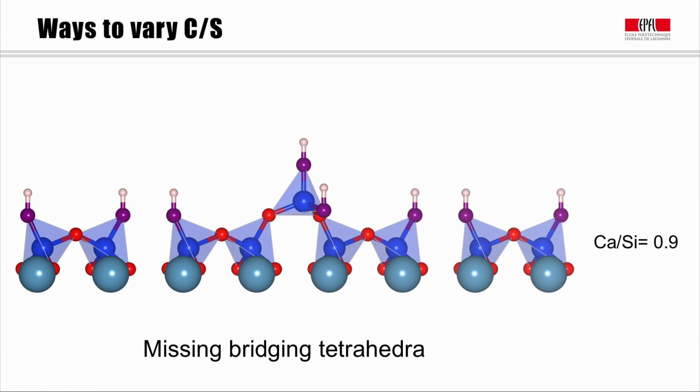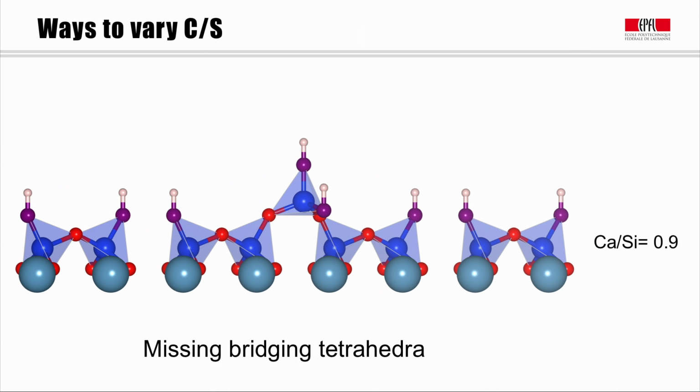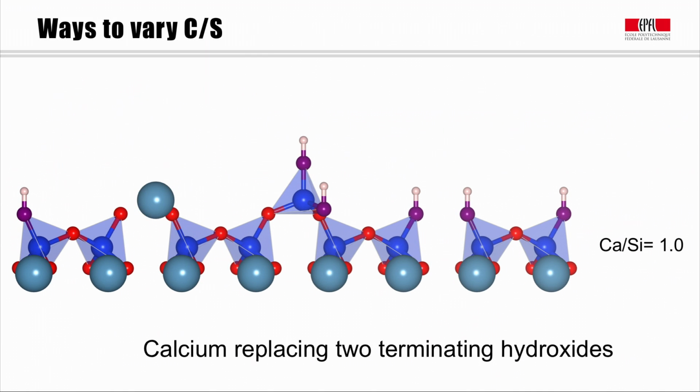And the second mechanism we can have is that instead of these hydroxide ions terminating here, we can replace these 2 hydrogens here with a calcium atom. So calcium is a doubly charged ion, hydroxide is a singly charged, so we can go from 2 hydroxide ions to 1 calcium ion. And this then, because now we have more calcium, same amount of silicon, again, the calcium to silicon ratio is increased.